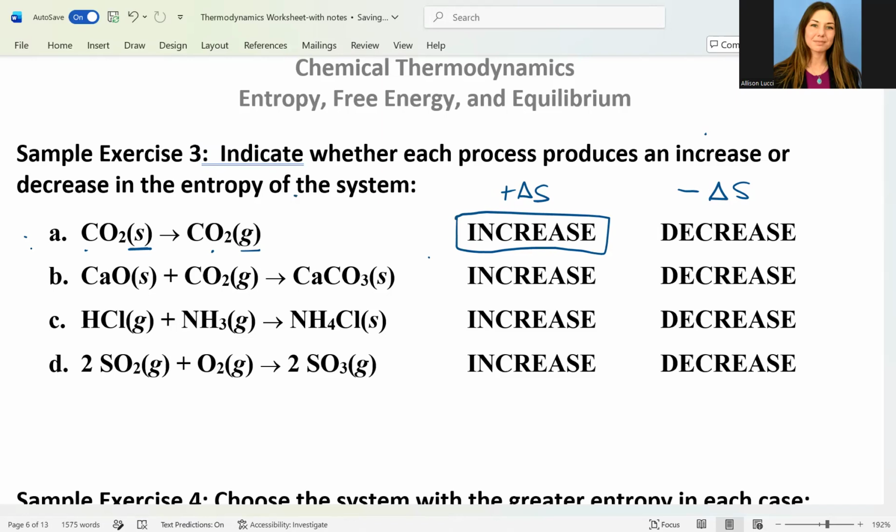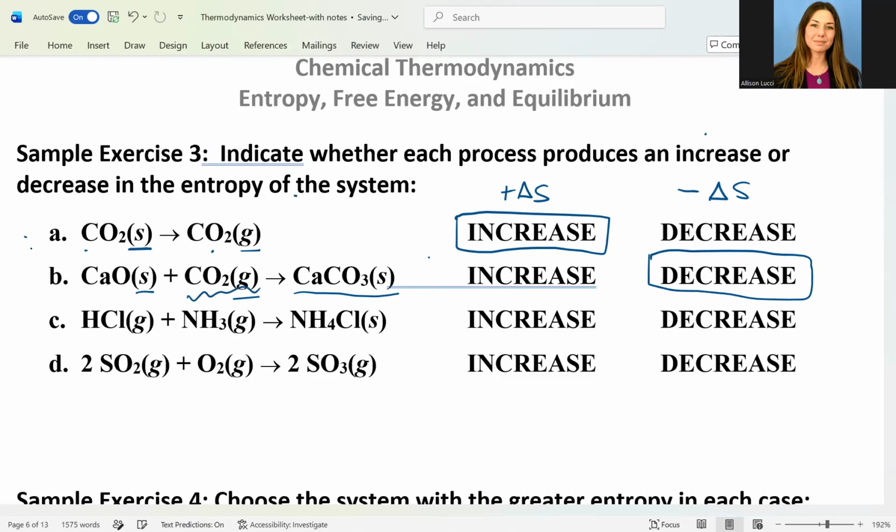Let's look at example B here. We have a solid and 1 mole of gas, and then we go to a combination reaction here. So now we just have a solid. So 2 moles of something to 1 mole of something. This would definitely be a decrease in entropy.